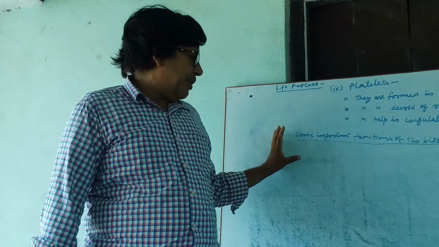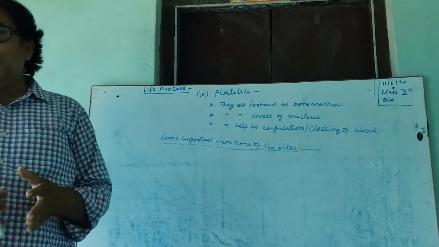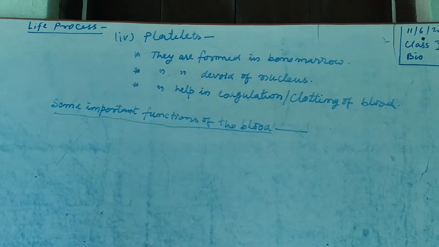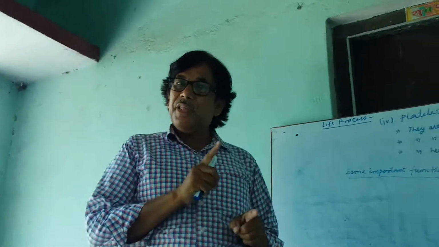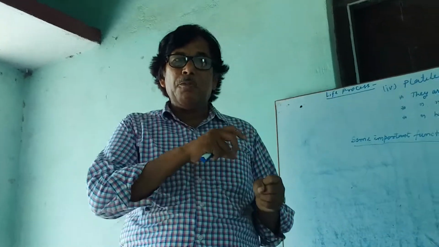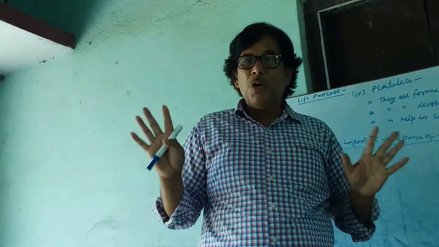Now we will study some important functions of blood. Actually, we have already studied part by part, but together we will study the functions of blood. Blood, first function, it is a connective tissue. Second thing, it carries digested food from the small intestine to all other body cells.